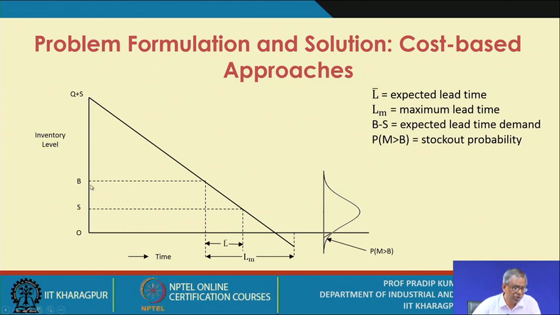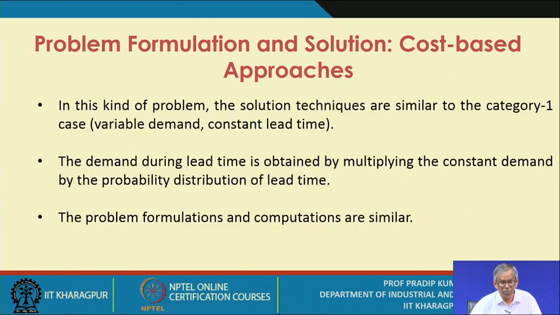S is the safety stock, capital B is your reorder point, and now the lead time is varying. So L bar is the expected lead time, Lm is the maximum lead time, B minus S is the expected lead time demand, and this is the stock out probability given as the probability that M is greater than B. So this is the inventory profile.